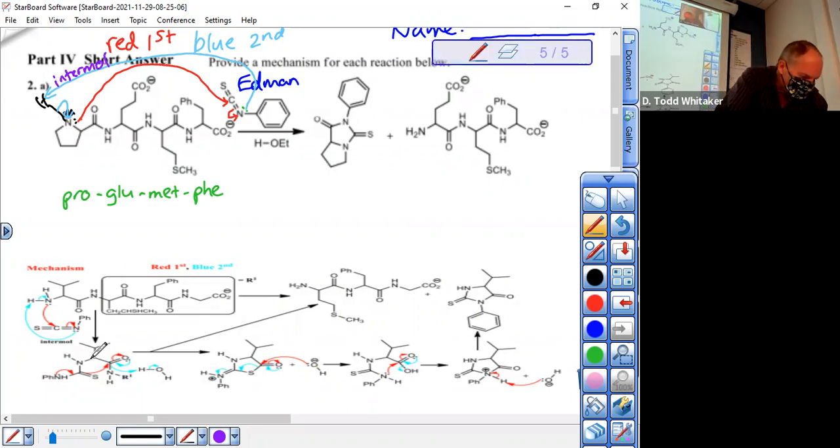Okay. What happens after that? Well, we got to draw our intermediate. What's not changing in this whole reaction? I think I need the carbonyl. Or is it this carbonyl? I think I need that carbonyl. No, I don't. I think I can just circle everything after the carbonyl here. Subject to further review, as they say.